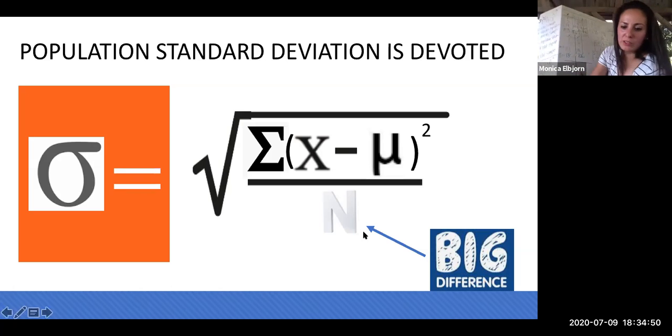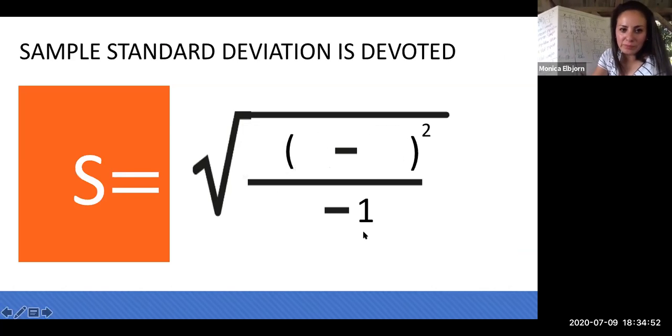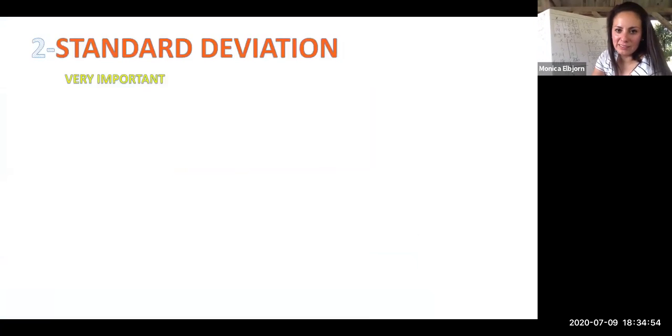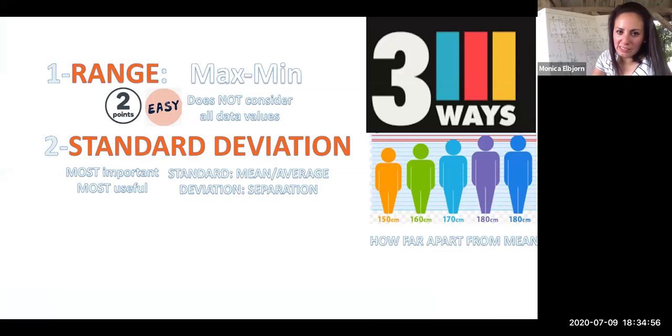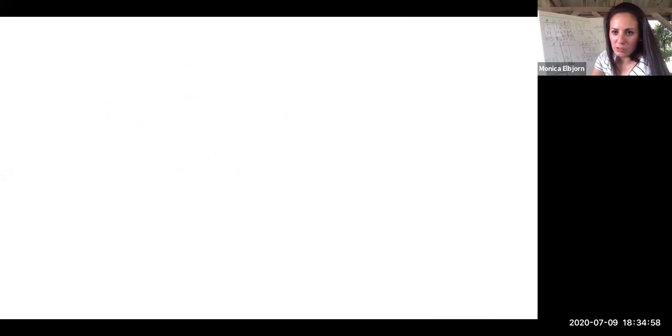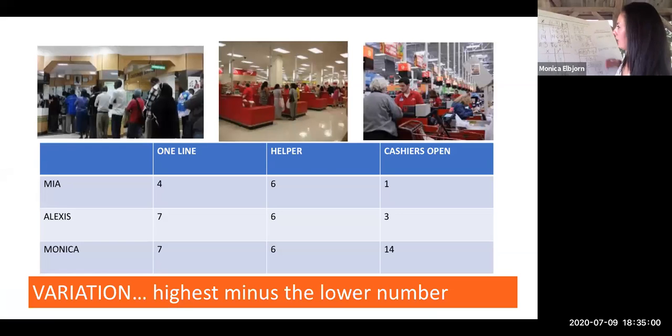Because we did have... so if someone had asked us, okay, on the third example that we got the cashiers, what's the standard deviation? So the standard deviation is 7. What does it mean?